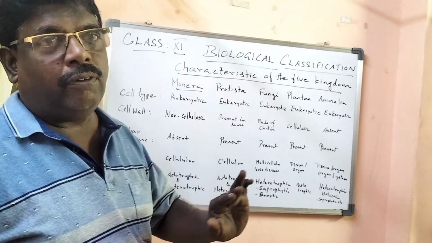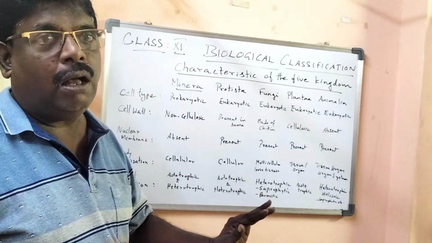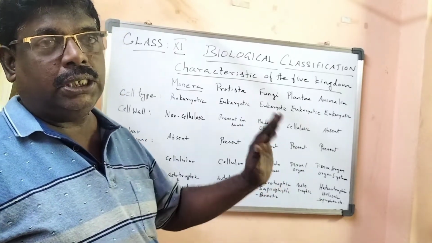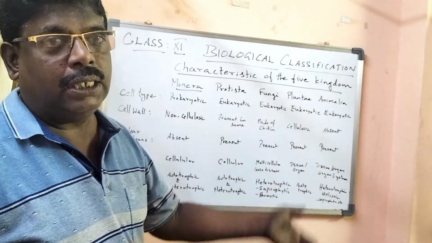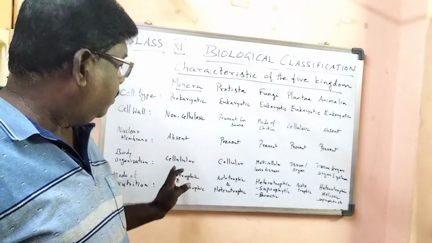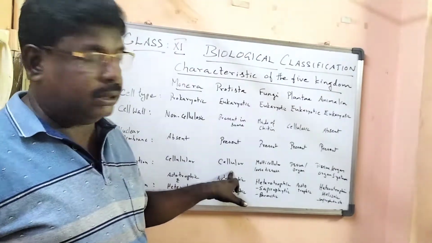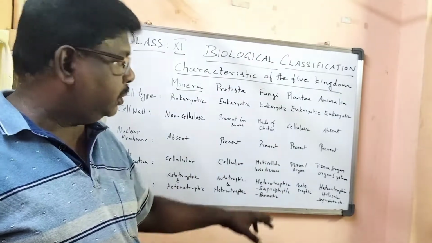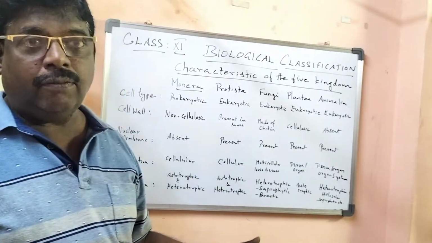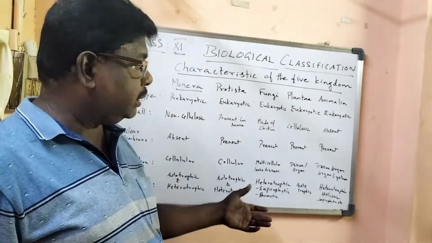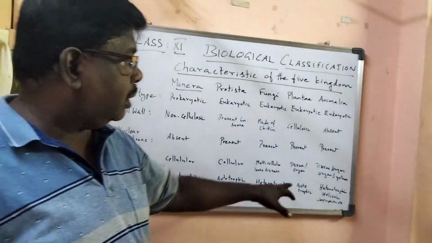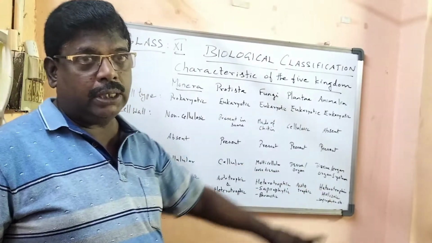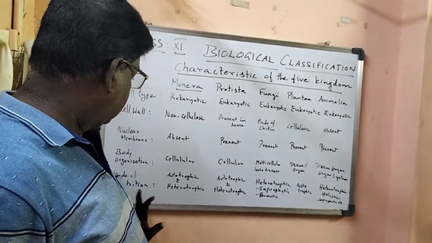The primitive forms have just cells, unicellular, then multicellular, then tissue grade organization, then organ formation, then organ systems. Monera and Protista are cellular, fungi are multicellular with loosely arranged tissues. Plants have simple tissues, complex tissues, and organs. The animal kingdom has fully well-developed tissues, organs, and organ systems.